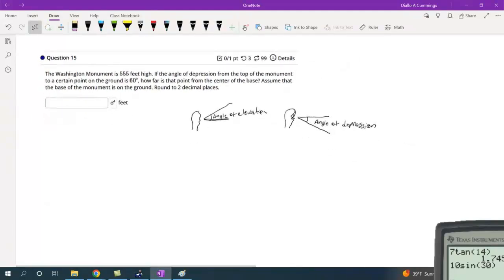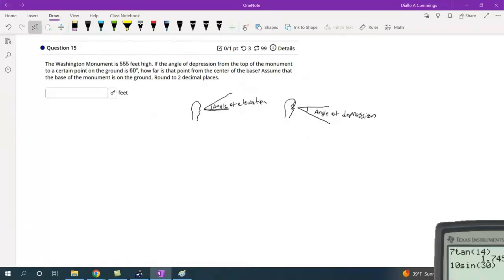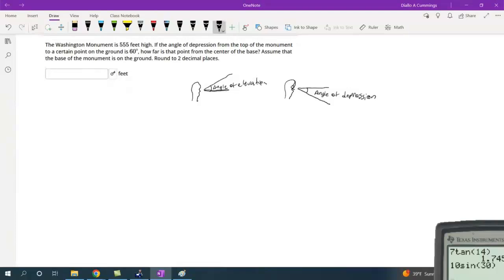So we take a look at our example. The Washington Monument is 555 feet high. So I'm just going to sketch out that Washington Monument. And this is 555 feet high.